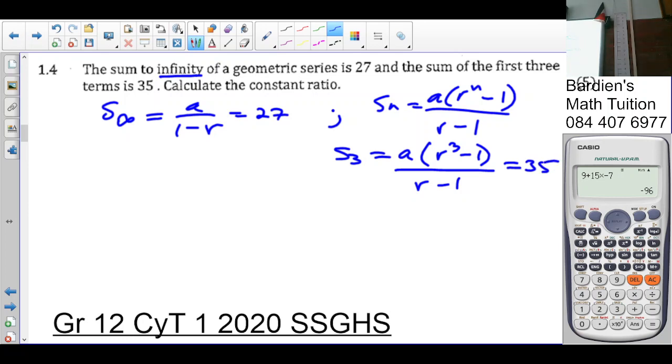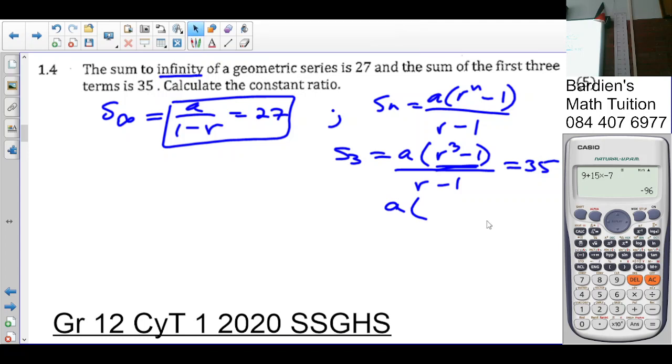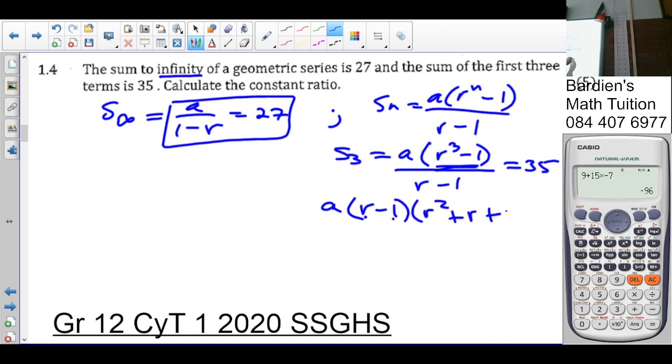Okay. So this is equation 1, and then we can simplify this a bit. So it will be a, and I'm going to take the difference of cubes there. The difference of cubes will be r minus 1, times the square of the first term, r squared, positive, r times 1 is r, plus 1. We've done this in grade 10. Over r minus 1 is equal to 35.